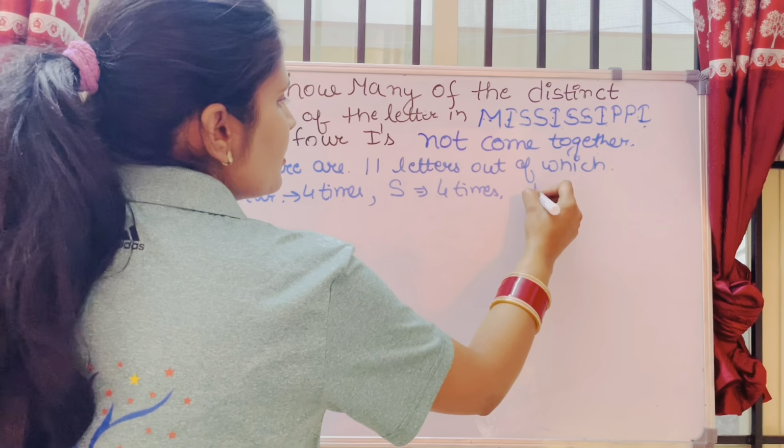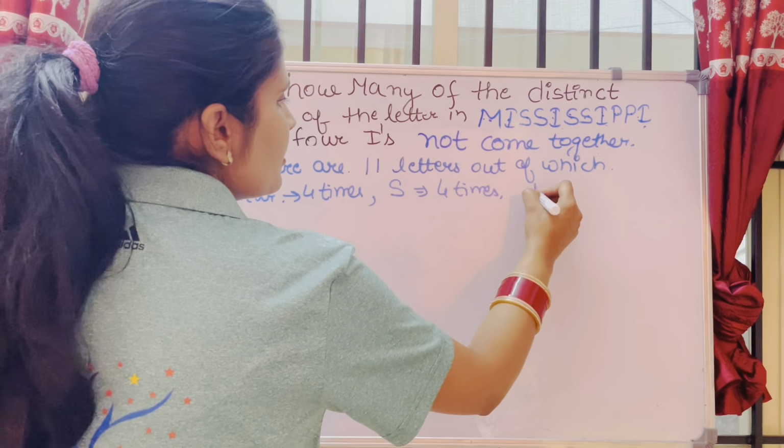So we will solve it. 11 into 10 into 9 into 8 into 7 into 6 into 5 into 4 factorial, and in the denominator 4 factorial, 4 into 3 into 2 into 1, and 2 factorial, 2 into 1. 4 and 4 cut each other. Then 4 times 2 is 8, 2 times 5 is 10, 3 times 3 is 9.